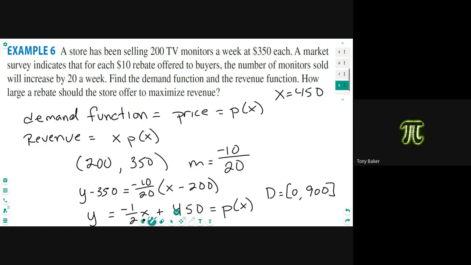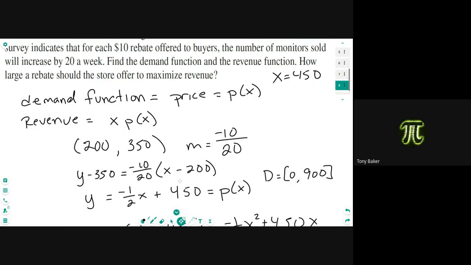So what's the next thing we got to find now that I found the 450 TVs? The number of TVs is 450. I need to figure out my price. So we're going to plug that back into the price equation.